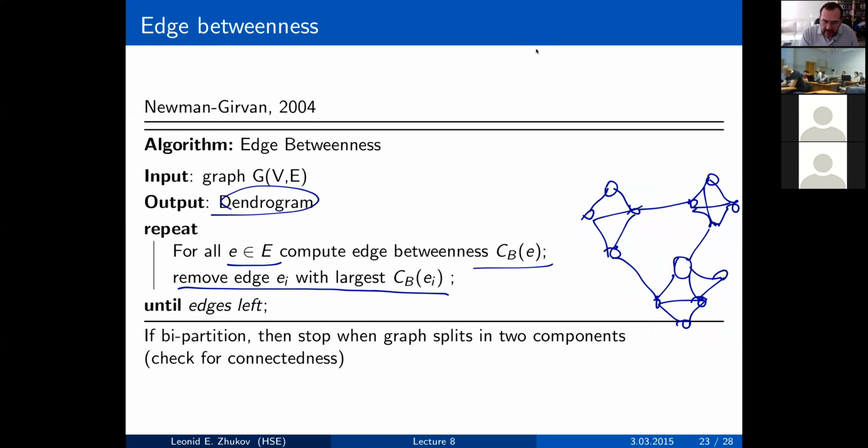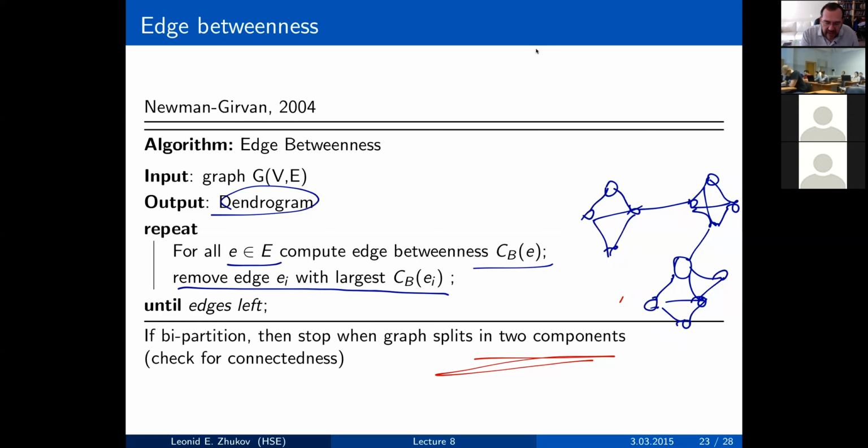We remove this edge, and then we calculate connected components. If I remove this edge, the graph is still connected.